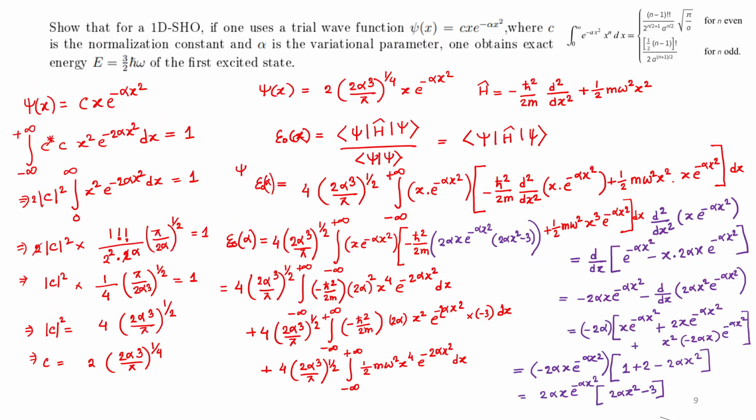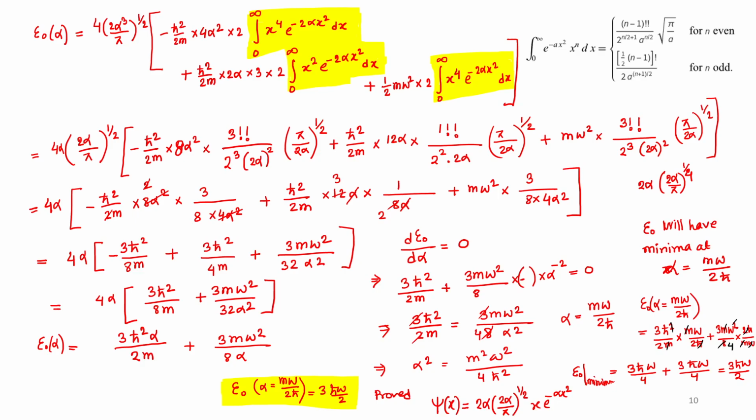C is actually 2 alpha by x into the power minus alpha x square.